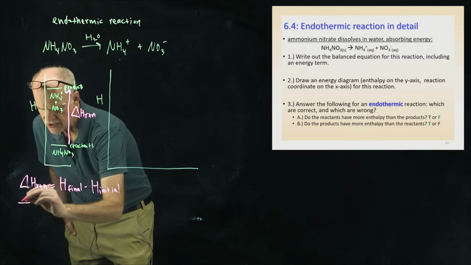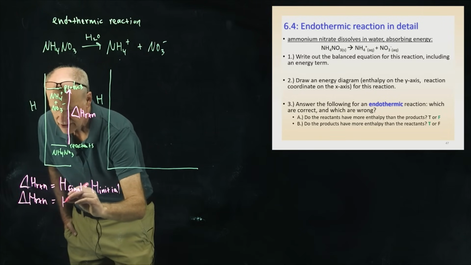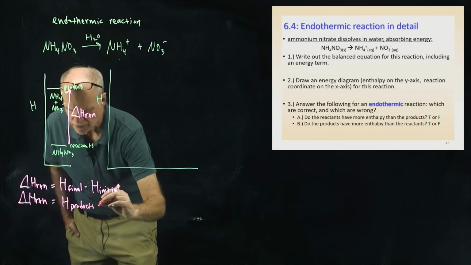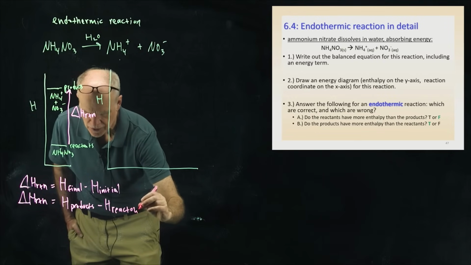So it's going to be the enthalpy of the products minus the enthalpy of the reactants.